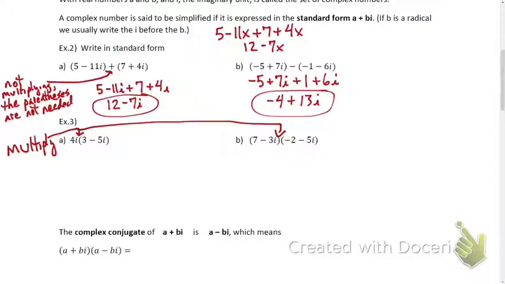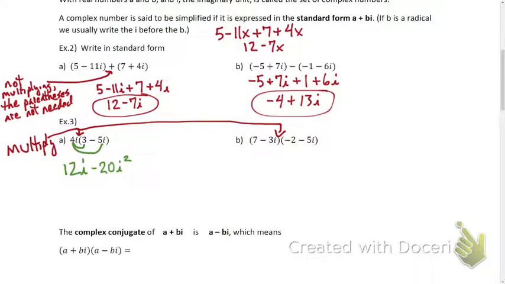All right, be careful. I need to multiply 4i times those two things on the inside. So I need to go 4i times that, 4i times that. And I get 12i, and I get negative 20i squared, which is different.